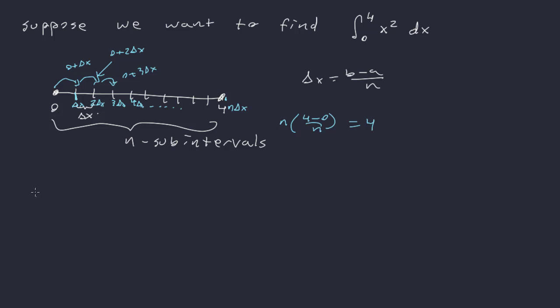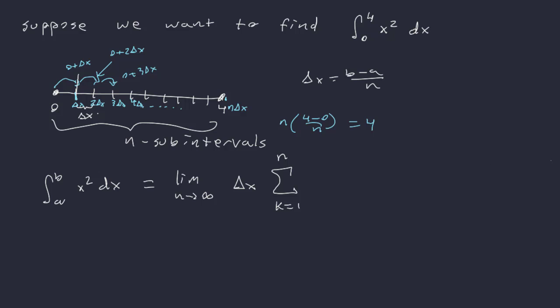Okay, so what this all means is that this definite integral from a to b of x squared dx is going to be the limit as n goes to infinity of delta x times the sum of k going from 1 to n of f of k times delta x.